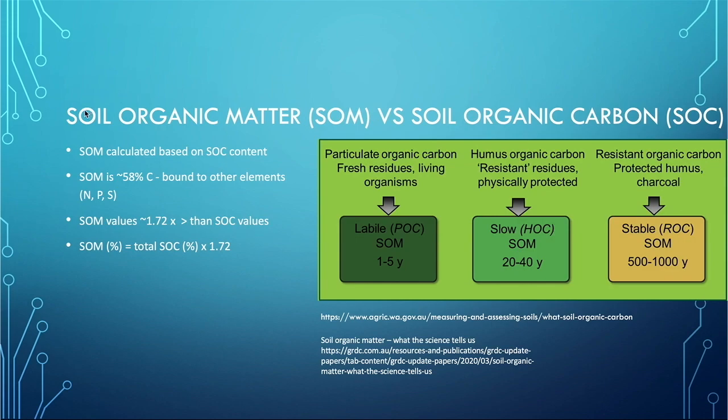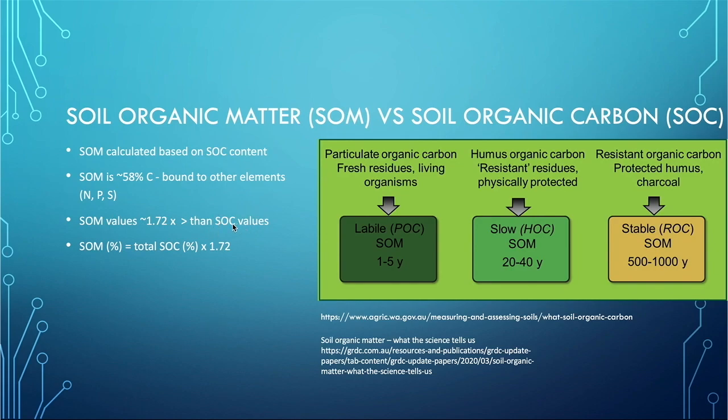So let's look at what the difference is between soil organic matter and soil organic carbon. So soil organic matter is calculated based on the soil organic carbon content. Soil organic matter is actually 58% carbon, and it is bound to other elements like nitrogen, phosphorus, and sulfur. And the organic matter values are around 1.72 times greater than the soil organic carbon values.